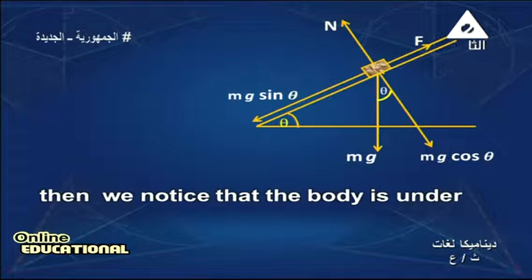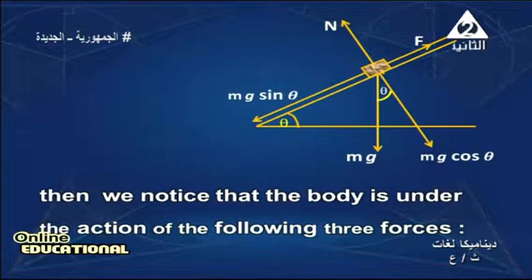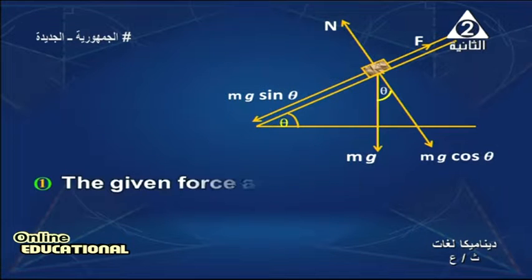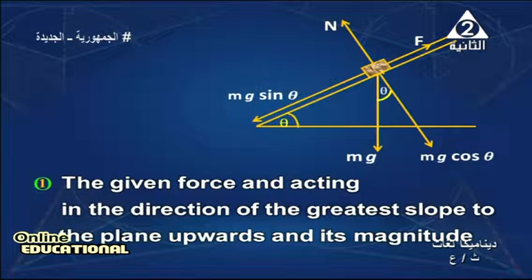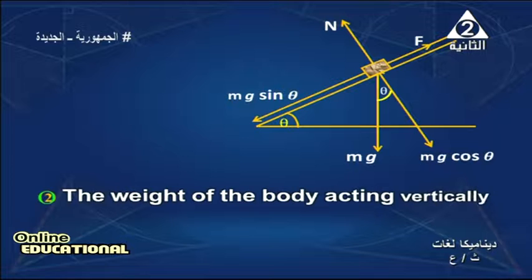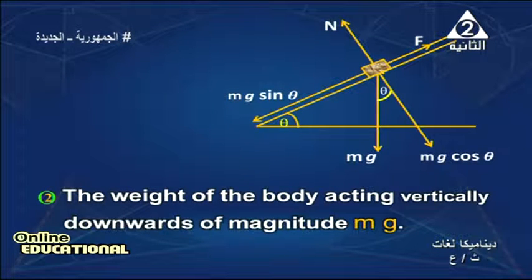Then we note that the body is under the action of the following three forces. Number one, the given force acting in the direction of the greatest slope of the plane upwards, and its magnitude is F. The second force, the weight of the body, acting vertically downwards, of magnitude mg.